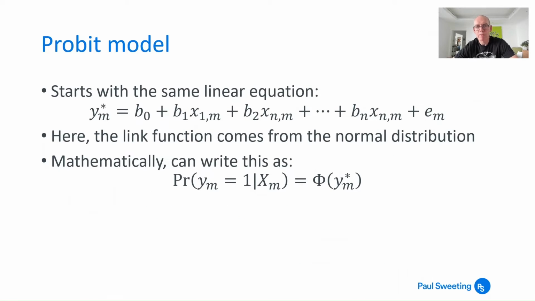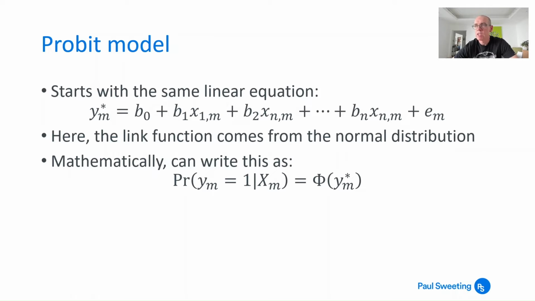Now the probit model is very similar. You start with y star m, but here the link function comes directly from the normal distribution. Mathematically we write this as the probability that ym is equal to 1 given xm is equal to capital phi of y star m.